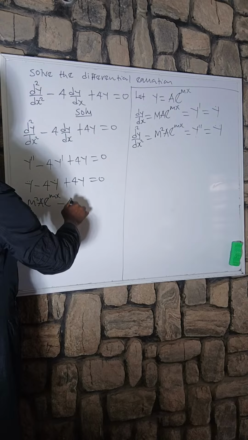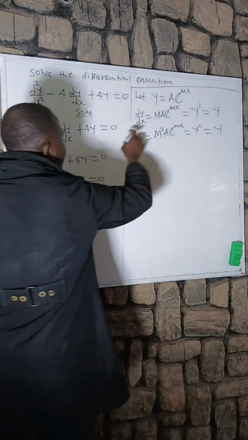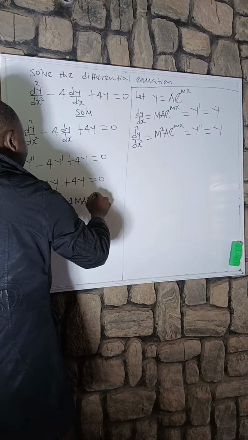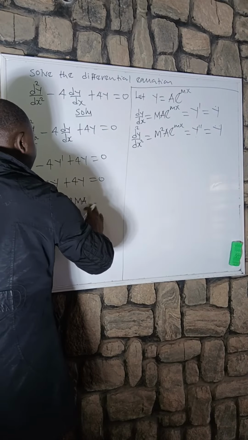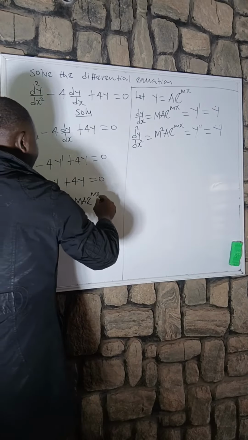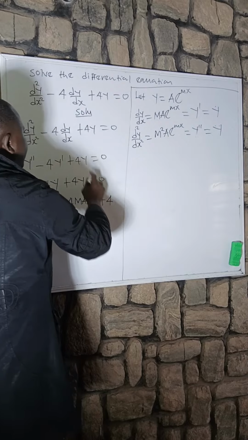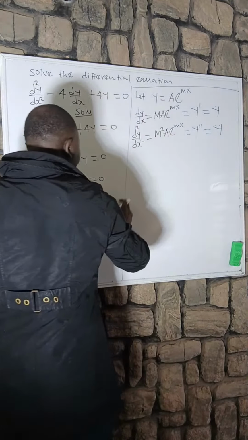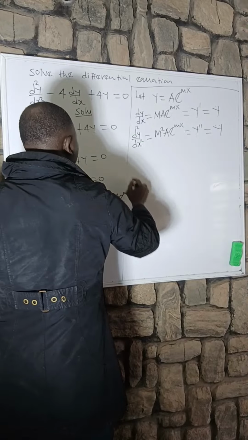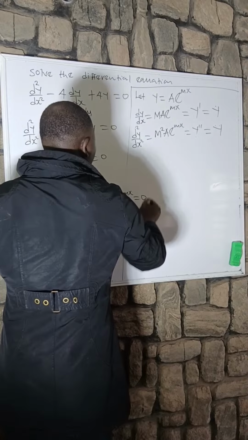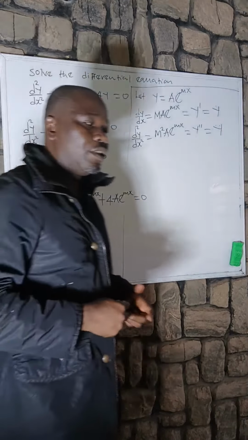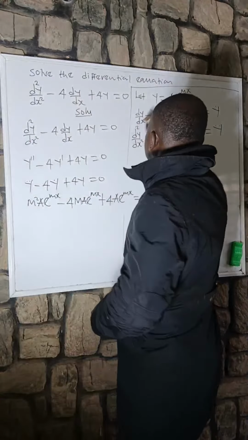Minus 4 times dy over dx, which is m a exponential mx. Then what do we have here? Plus 4 times your y. Your y is a exponential mx, which is equals to 0. True or false? Okay. So it means this is the solution to the differential equation.